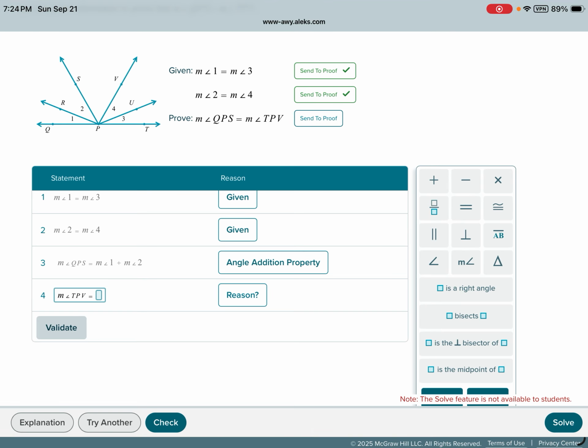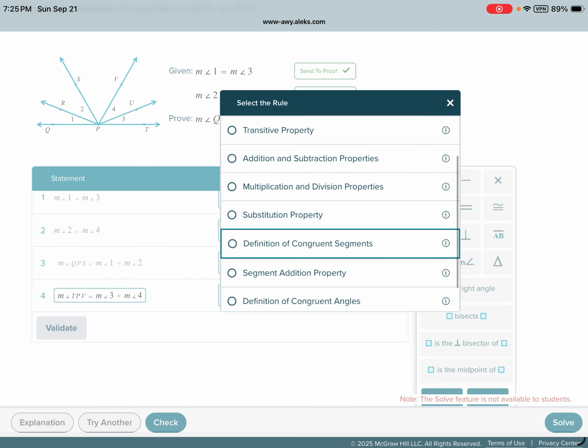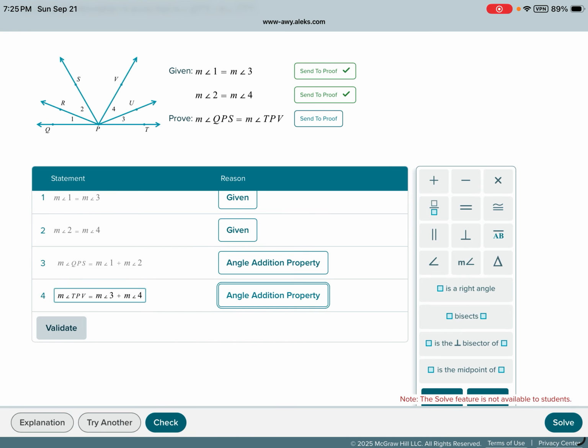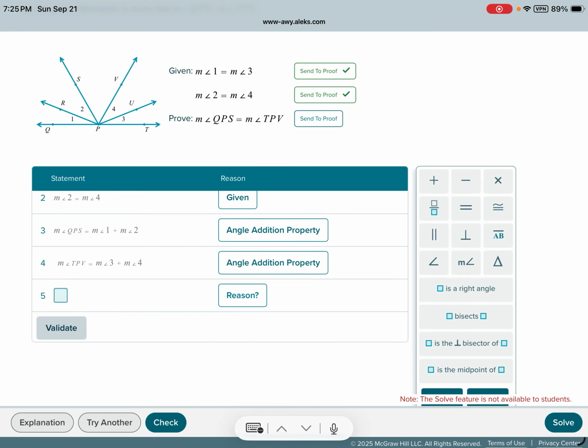By the way, I just hit the letter M, and it right away did measure of angle. So if you're using your keyboard, you can hit M: measure of angle 3 plus the measure of angle 4. And my reasoning is going to be angle addition. And validate. Woohoo!